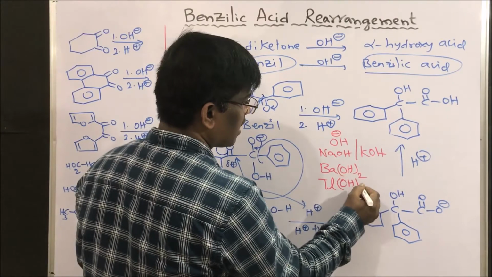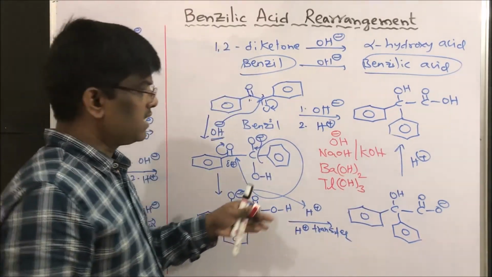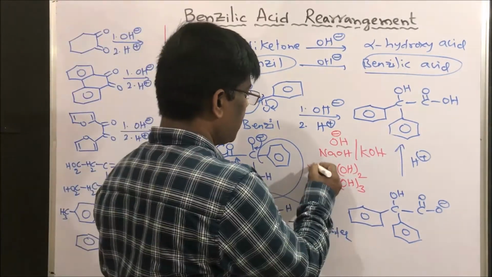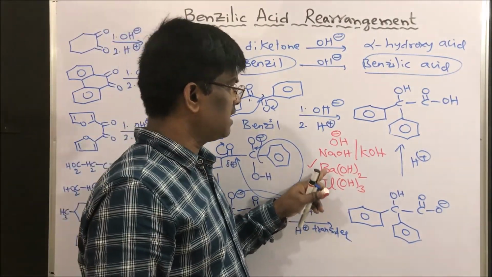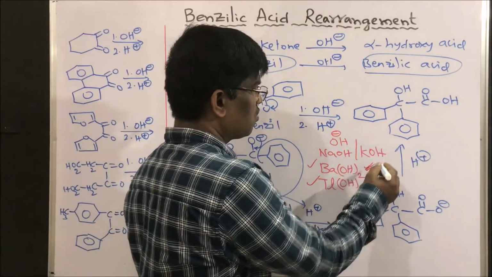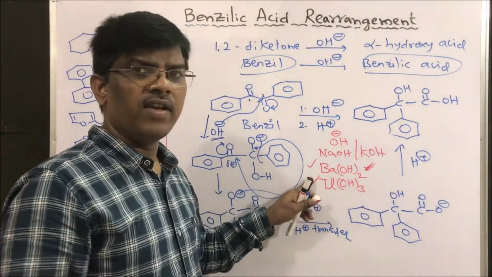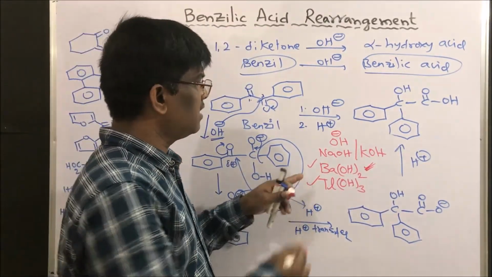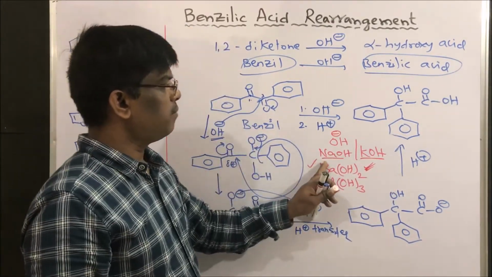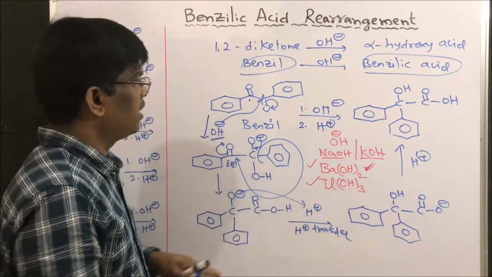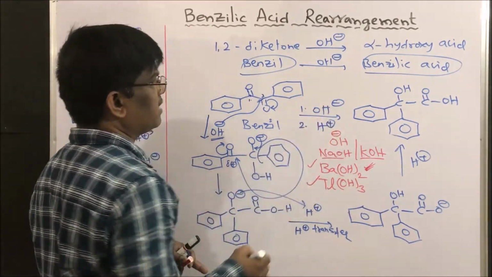These are strong bases, so they enhance the rate of reaction compared with sodium hydroxide and KOH. However, this reaction can be done with sodium hydroxide or KOH, which is why I have taken OH minus.